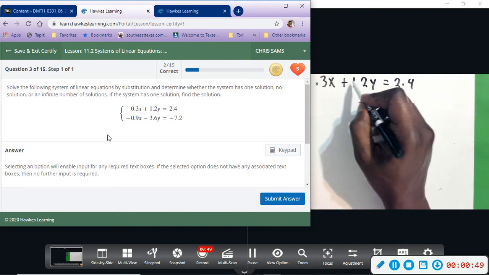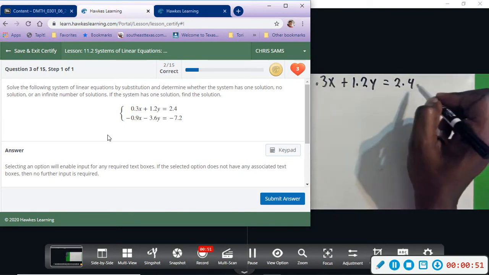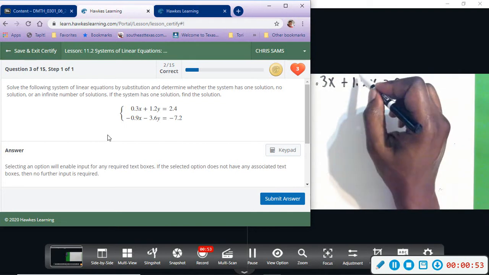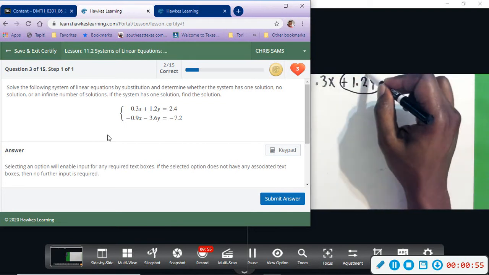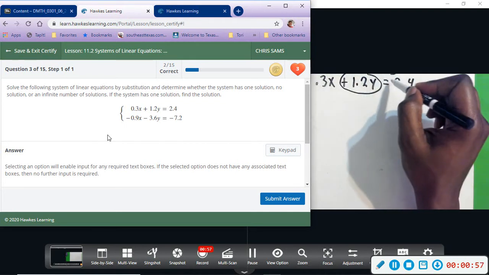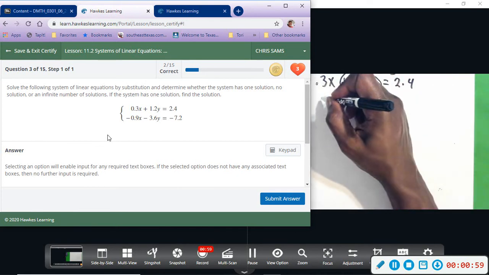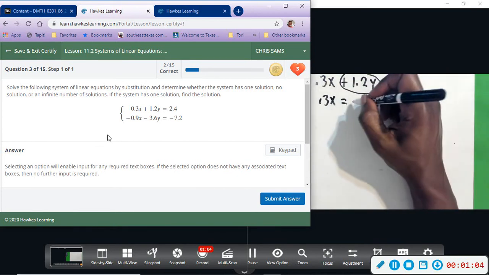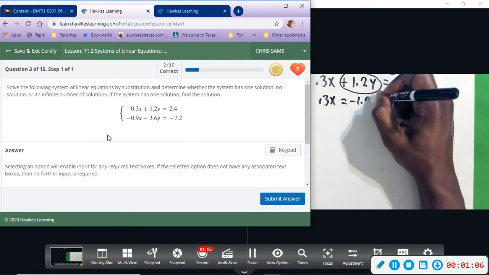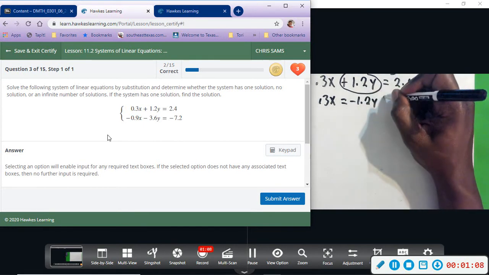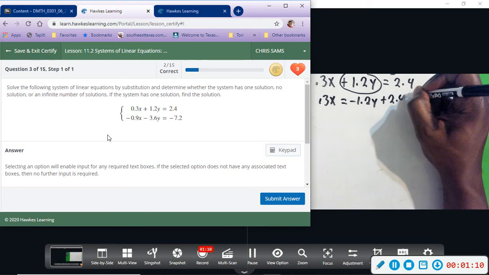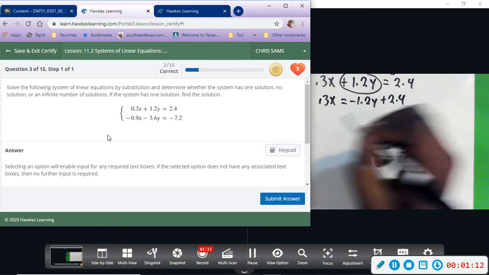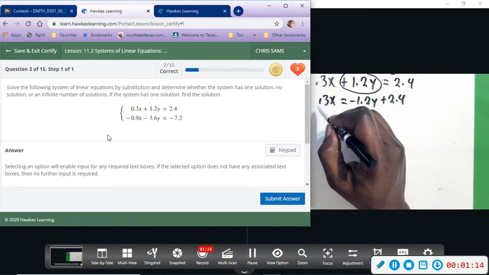But I'm going to move the y term over by subtracting it or moving it and changing the sign. So this term is going over here, other side of the equal sign, and change the sign. So I get 0.3x equals negative 1.2y plus 2.4. Okay. I'm going to divide everything by 0.3.